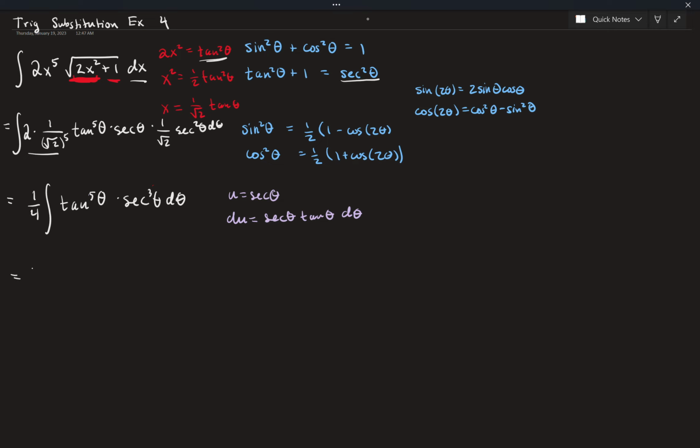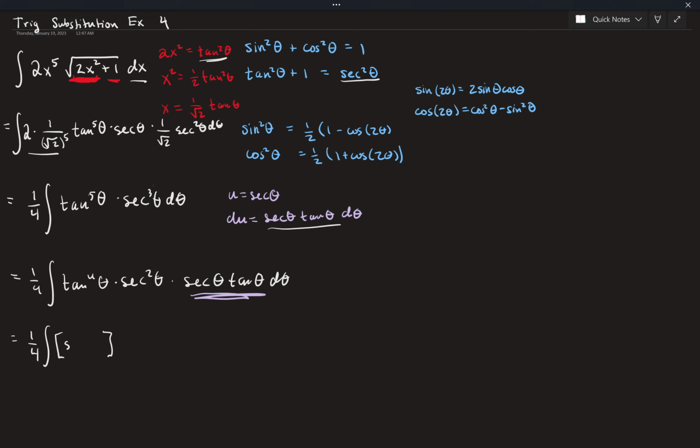So then I have 1/4 integral tangent to the 4th secant squared. All I'm doing is I'm pulling out a secant and a tangent. Secant theta, tangent theta, d theta. Still preparing for the substitution. I want to change everything except this into secants. So tangent to the 4th, I want to write as tangent squared squared.